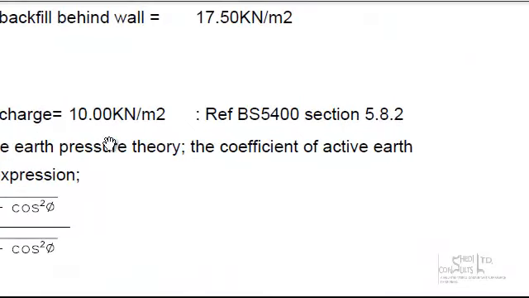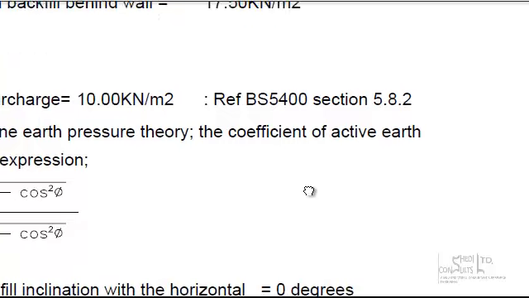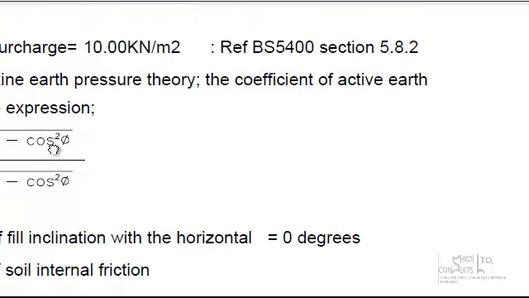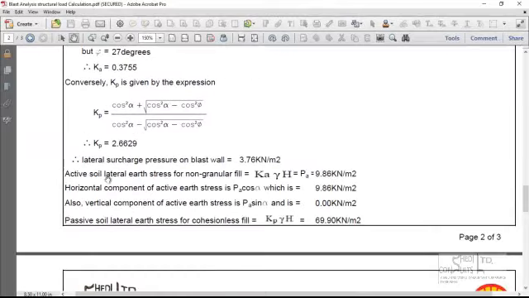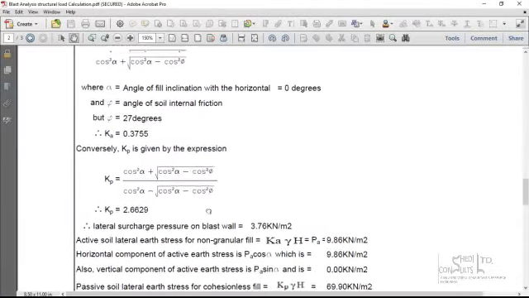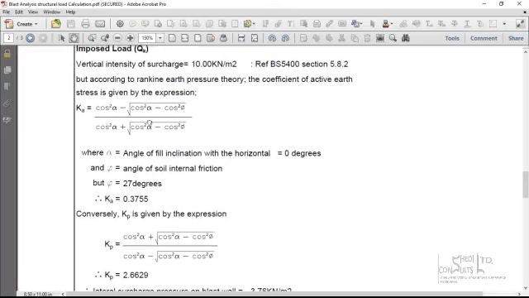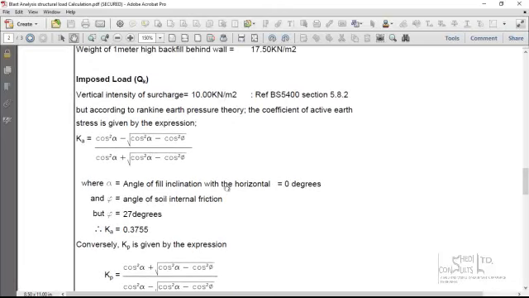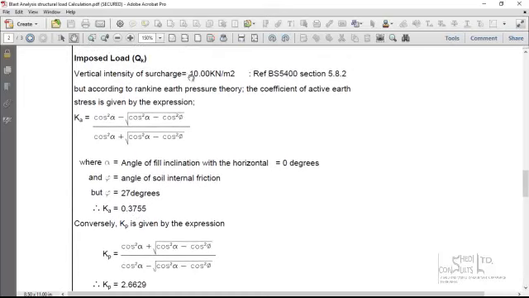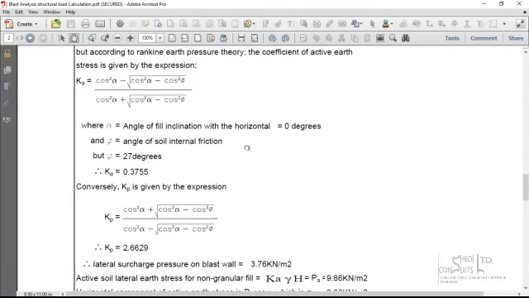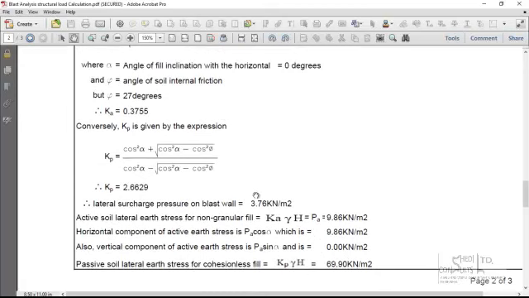You can see the vertical intensity of the surcharge obtained from this code, and then you can see the lateral active earth pressure. The lateral surcharge is taken from the coefficient of active earth pressure times the vertical surcharge. The coefficient of active earth pressure is 0.3755, and the vertical intensity of the surcharge is 10, and when you do the multiplication, you then have 3.76.